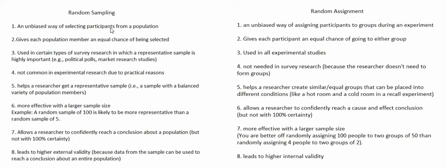The sample is basically the researcher's taste of the population. When a researcher surveys a sample to learn about the bigger population, that sample is like a taste of the population. The researcher uses the data from the sample to try to draw inferences about the bigger population. And when a researcher takes a sample and surveys a sample, the researcher can't just select any people he or she wants to.